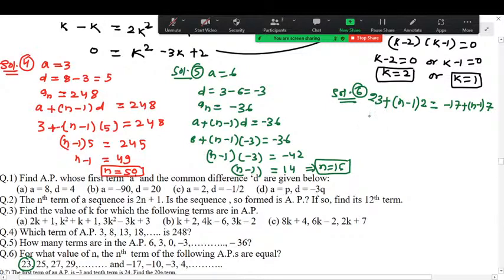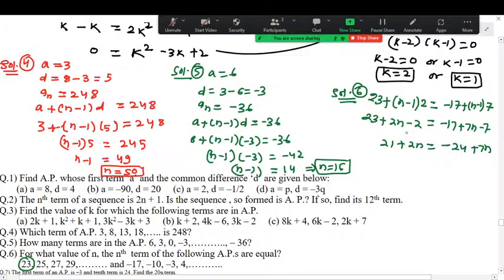How can you solve this? You need to just simplify it first. 23 plus 2n minus 2, and simplify this one, minus 17 plus 7n minus 7. Further it will be 21 plus twice n, and it will be minus 24 plus 7n.